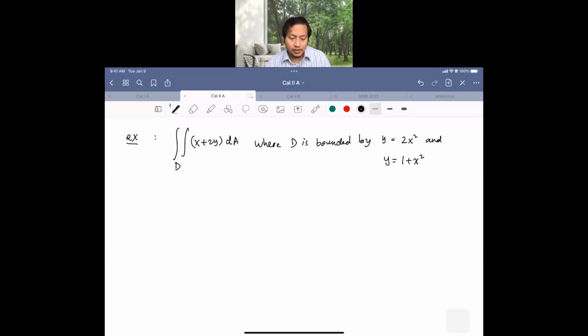But let's say we are going to check the D. So we can draw our D. We're drawing our x and y axes, and we are trying to draw our 2x squared and 1 plus x squared. First, maybe let me draw 1 plus x squared, because it's just our x squared shifted upwards 1 unit. So the vertex will be around there. So let me draw.